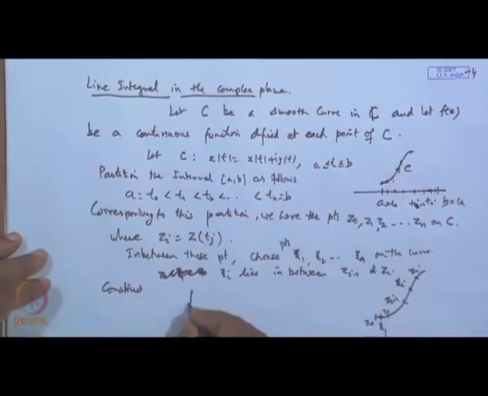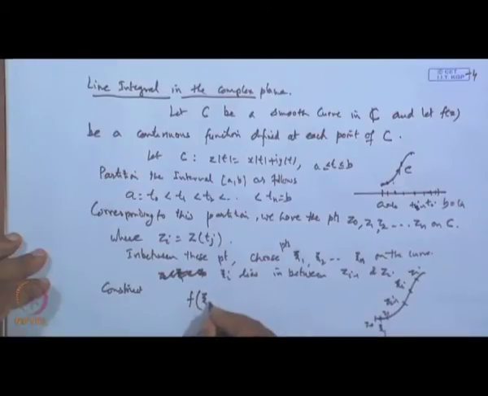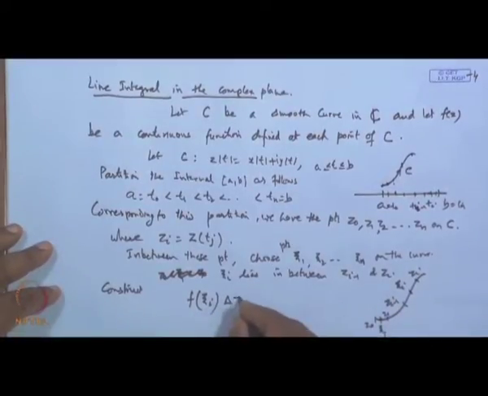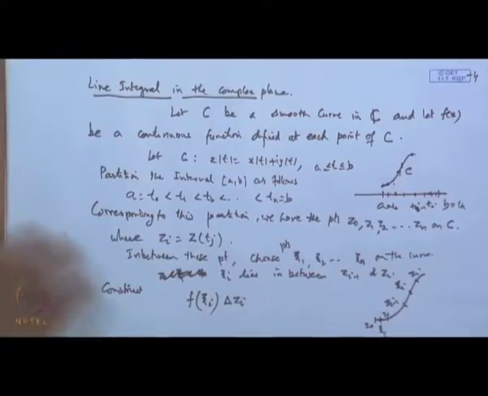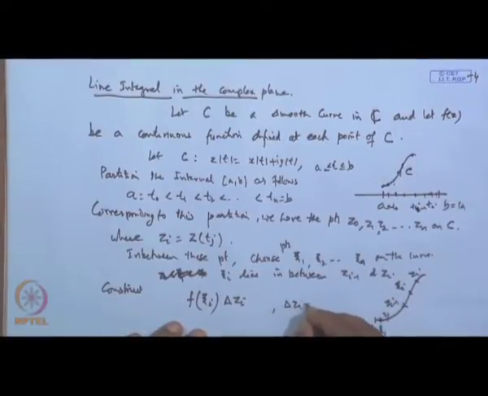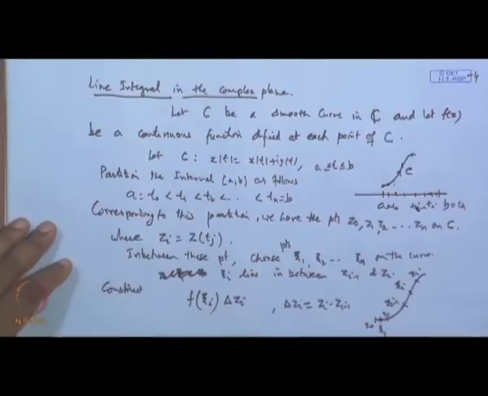Now, construct this sum: the value of the function at the point zeta i multiplied by delta zi, where delta zi is equal to zi minus z(i-1).